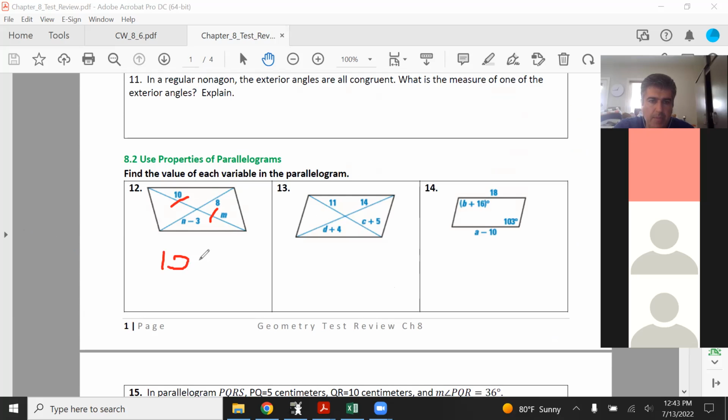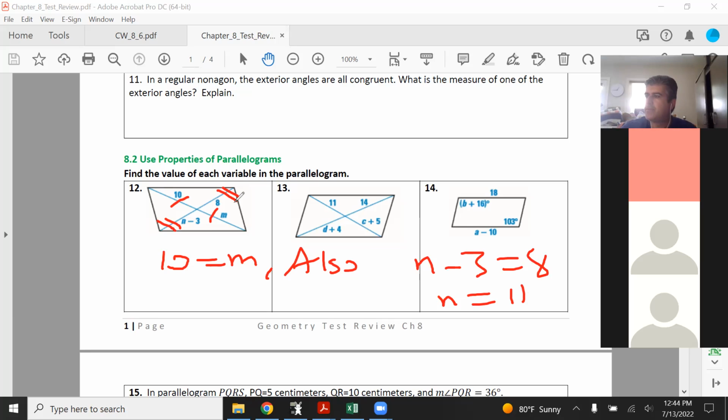So 10 equals m. Also, n minus 3 equals 8. So n is 11, because those are going to be the same as well. Okay, that's number 12. Okay, hopefully we're okay with that one.